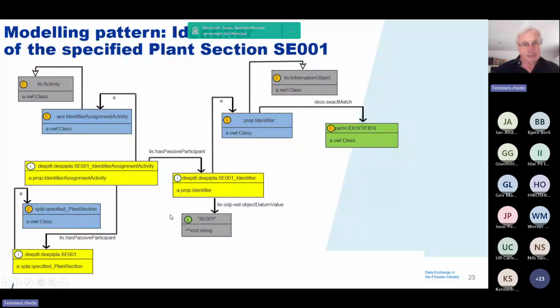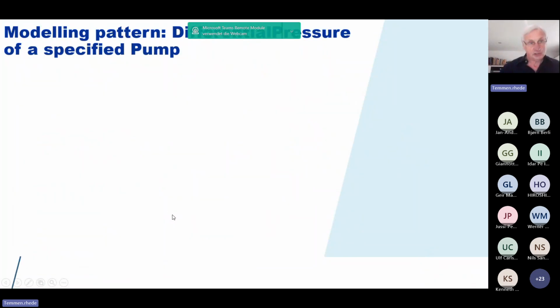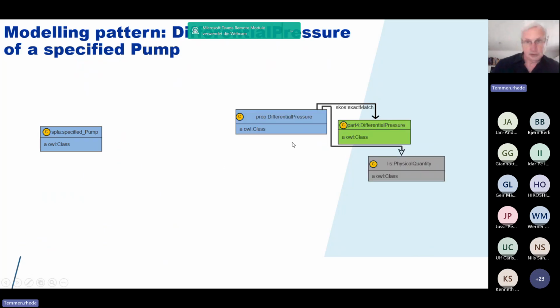Okay, let's go to the next kind. That was the differential pressure. Now we are in the dependent path of LIS, and we have a specified pump, and we have a differential pressure modeled as property.